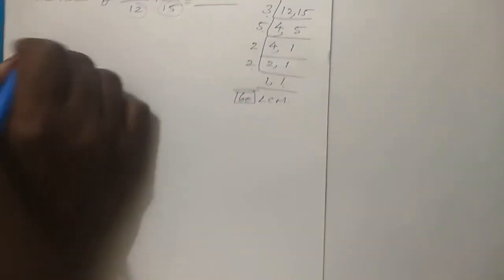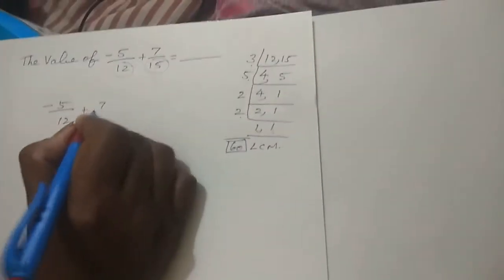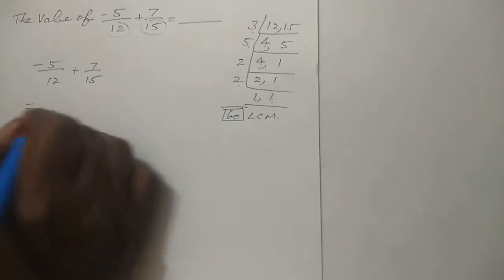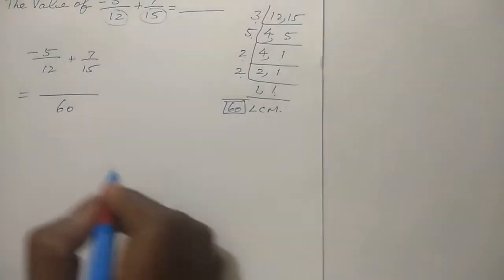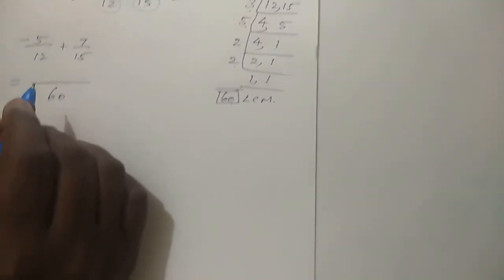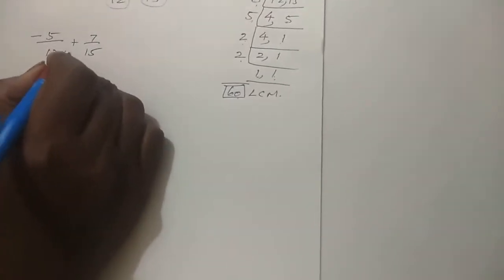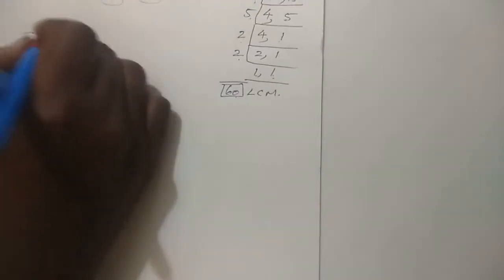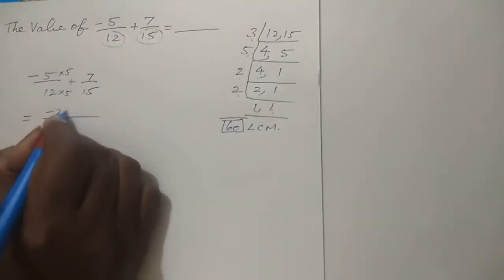So we go inside, we are having minus 5 by 12 plus 7 by 15. Now you take the LCM, which is 60. You have to multiply 12 by how many to get 60? 12 5s are 60, so you multiply the numerator also with 5, and we get minus 25.